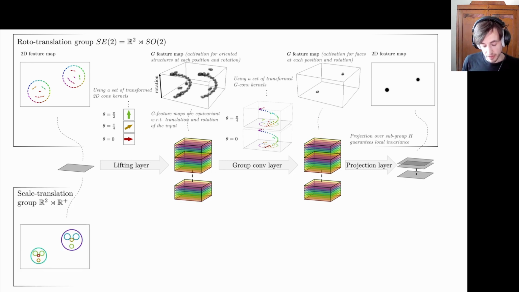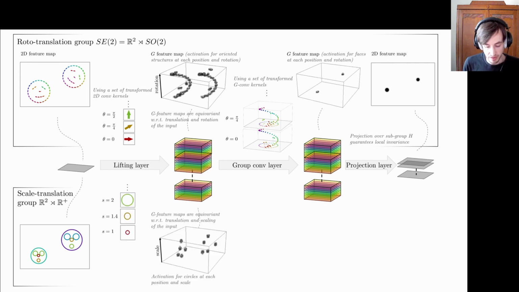And this idea then also holds for different types of groups, right? So I can also reason about objects based on scale and position. So a face can be thought of as being composed of a big blob, the contour of the face, eyes have some size, the nose and the mouth have some size, all relative to each other, and I can scale up this pattern. And I can detect this pattern under different scales, so for example, a blob detector, I can apply it at different scales, and that would create a high dimensional feature map that assigns a weight for every position and for every scale.